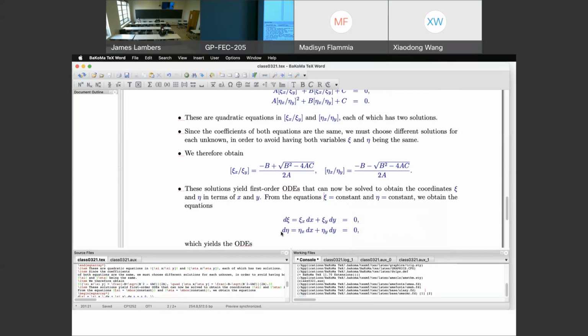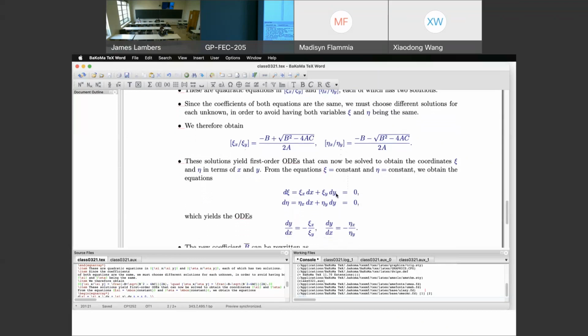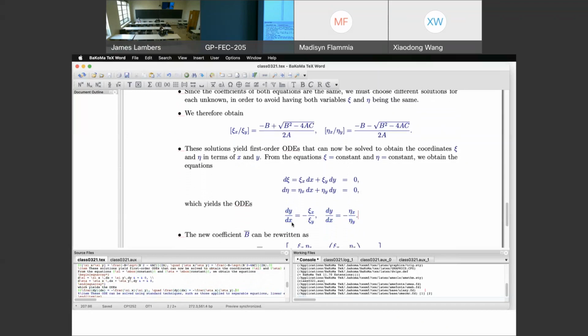And we have a similar result from the equation eta equals constant. So now we have these two equations, which if rearranged, give us these two ODEs. And the only way that these ODEs will have distinct solutions, and therefore a viable change of variables from x and y to xi and eta, is if the PDE is hyperbolic.